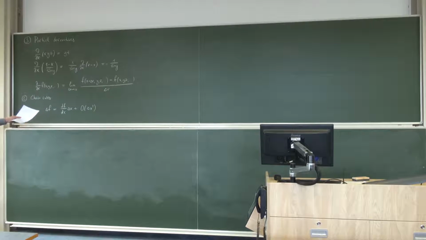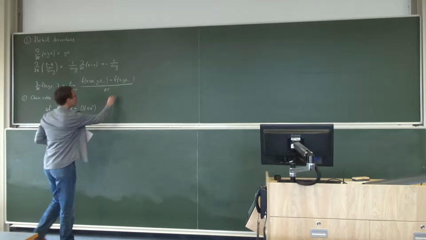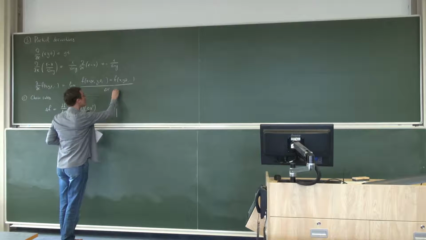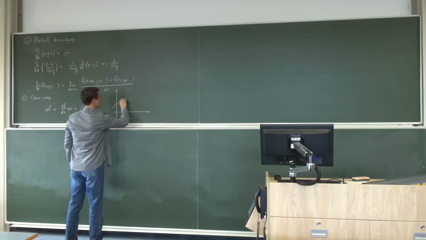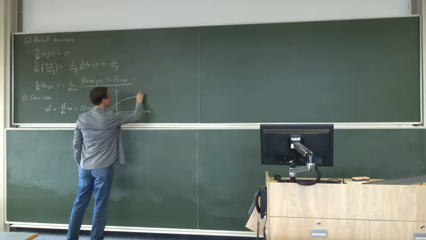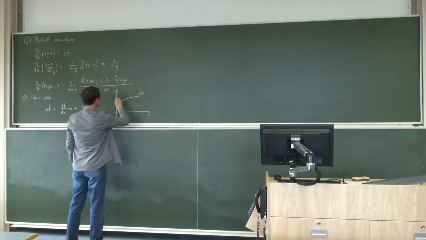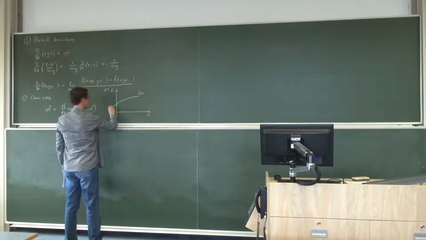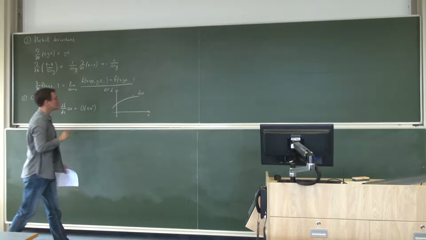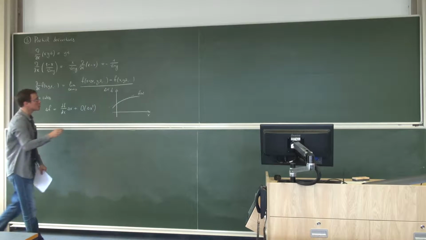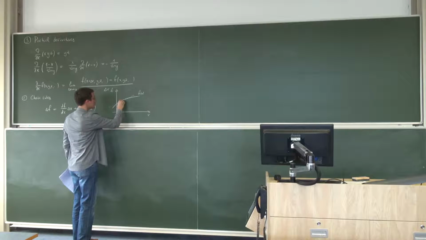And you can perhaps remember the geometric definition of the derivative from your school times. If we have some function, this is x, and that is f, then the derivative was the slope of the tangent line that is touching your function at some particular point.